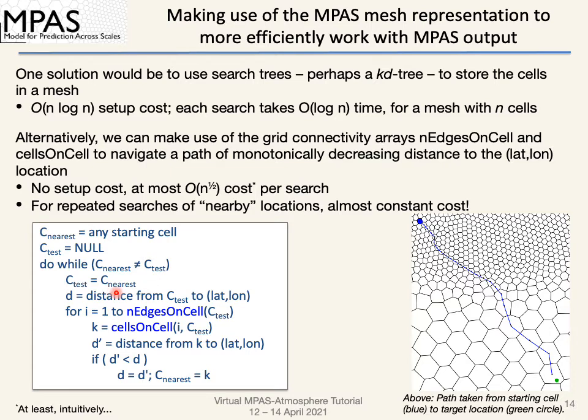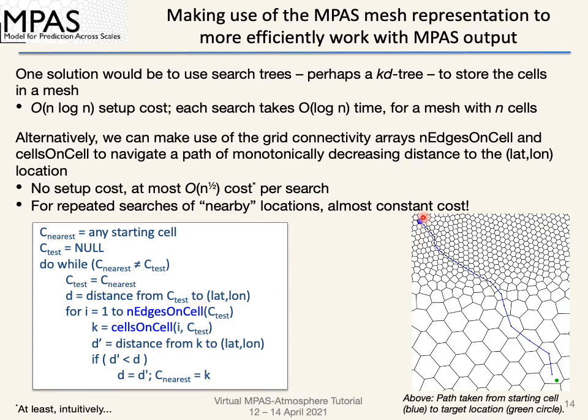and then we're going to probe around with this nearest cell. We're going to find out the distance from our test cell down to our latitude, longitude here, identified by this green dot. Then for every neighbor of that test cell, we're going to compute the distance from each neighbor to our latitude, longitude location.